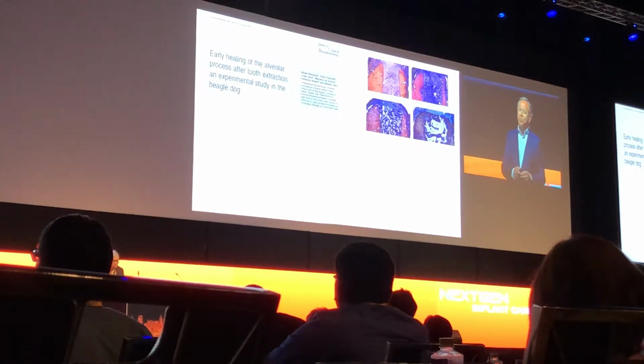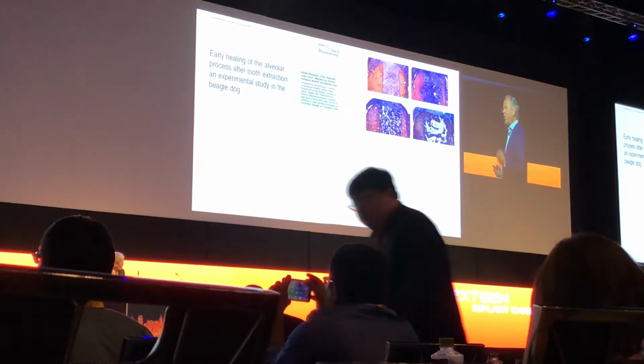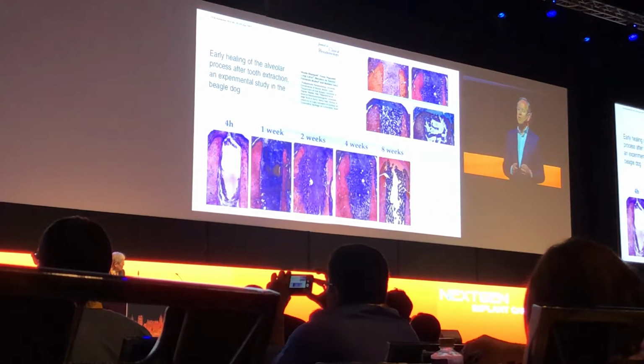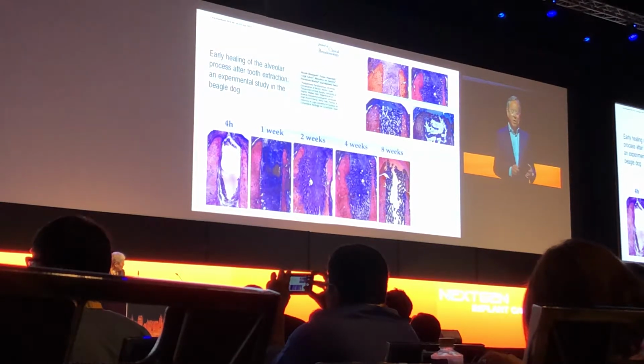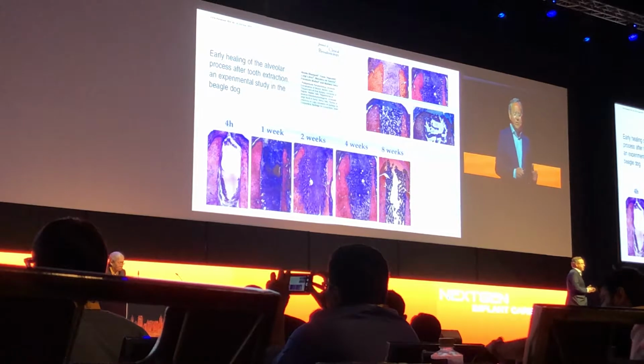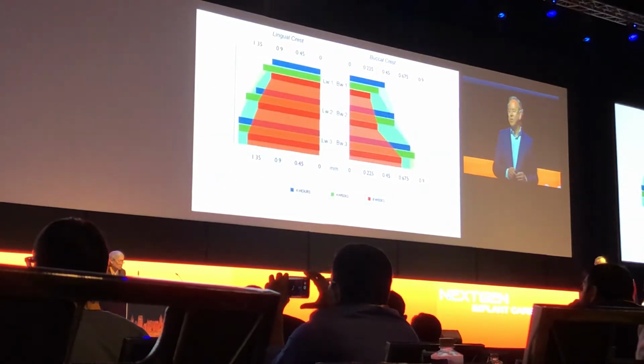In our research group, we tried to understand what were the early healing events when we do an extraction socket. So in an experimental model, we evaluated the biological changes at 4 hours, 1 week, 2 weeks, 4 weeks, and 8 weeks.